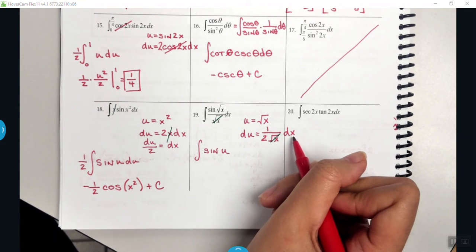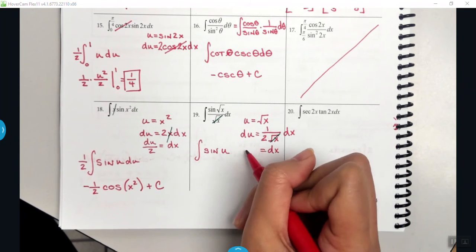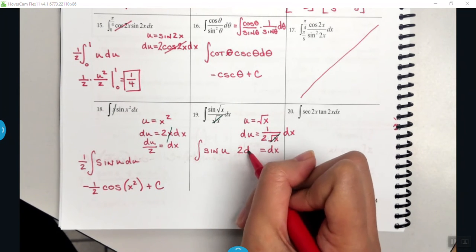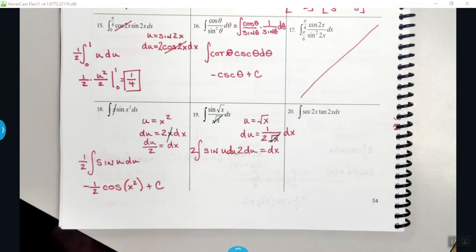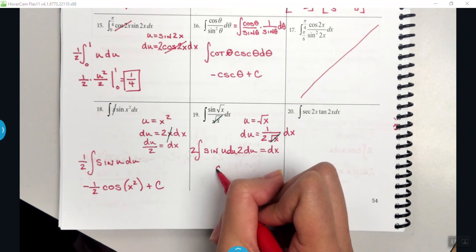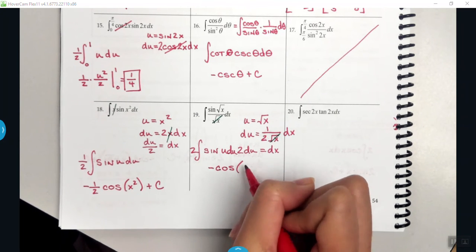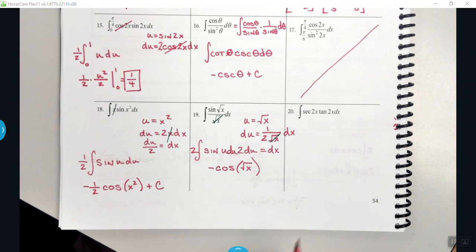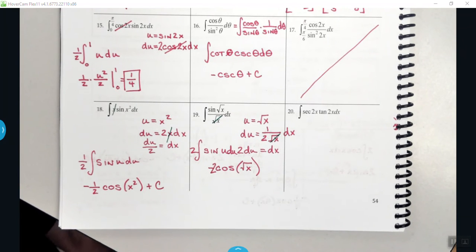The dx is, look at the 1/2, 2 du, right? So I need a 2 on the outside because it was a 1/2 left over. Okay. And then we integrate sine and we get negative cosine, right? Go back to x with the 2 in front, so negative 2 cosine root x.